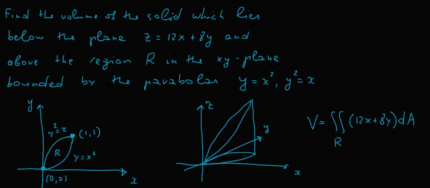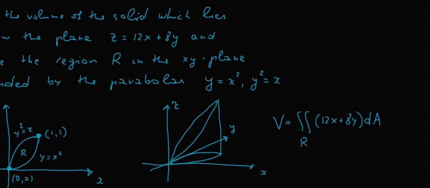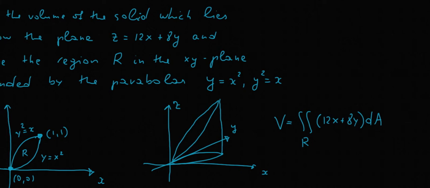So here's this integral. The volume V of the solid can be calculated as a double integral of our function z, 12x plus 8y, over the region R in the xy plane.